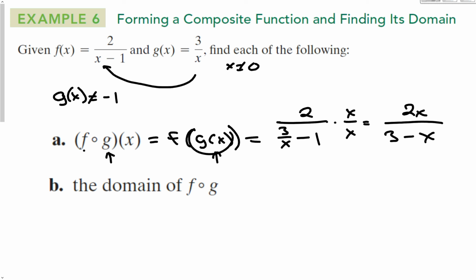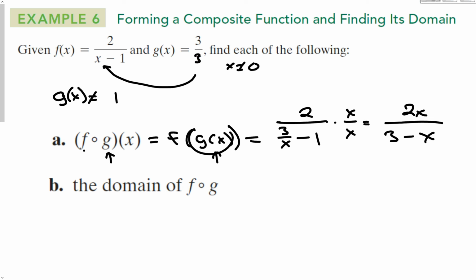But if maybe I could figure out a place where g of x would be equal to 1, like if I plugged a 3 in there, now, whoops, not negative 1, positive 1, okay? So now if I plugged a 3 in there, now I would get an undefined function.